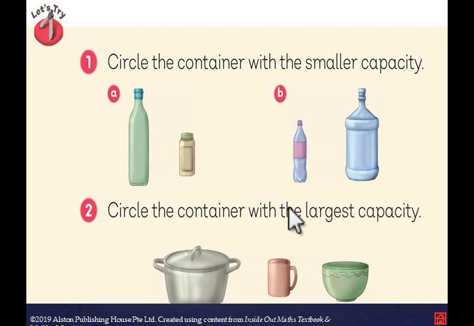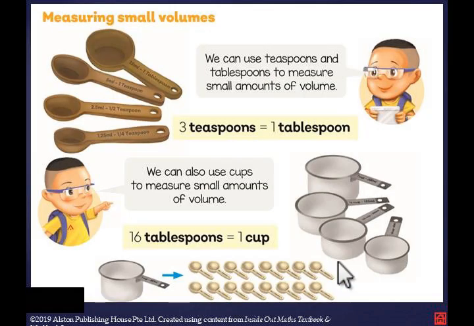When you say largest, it means the big capacity, the largest capacity of water. Which one of the 3 has the largest capacity? This one or this one? Can you point and circle it with your finger? Very good. Did you get it? Good job.